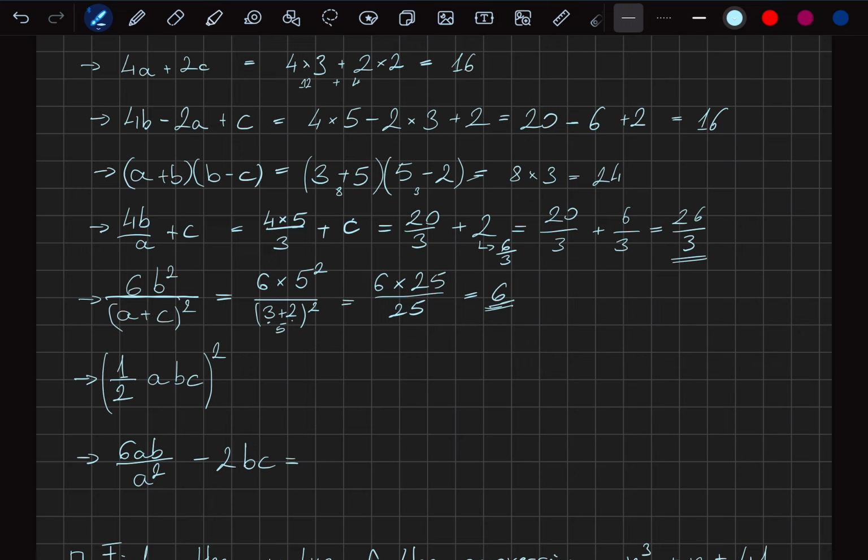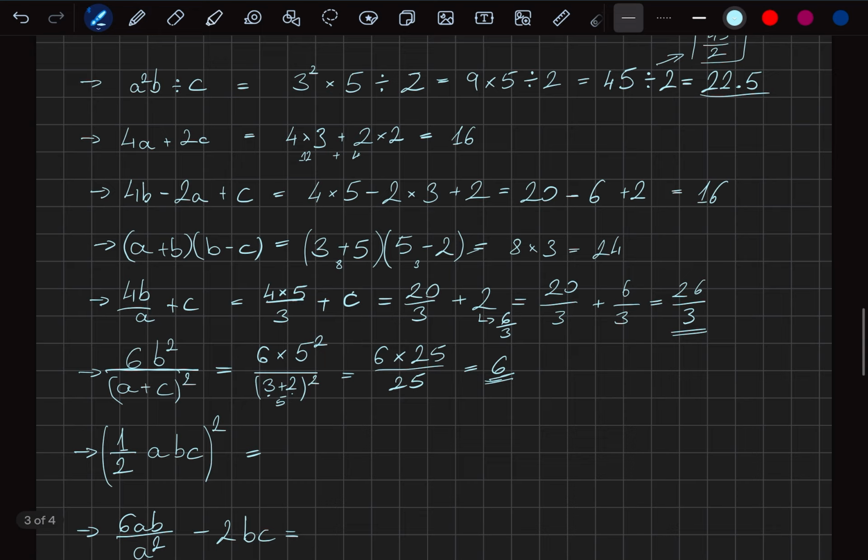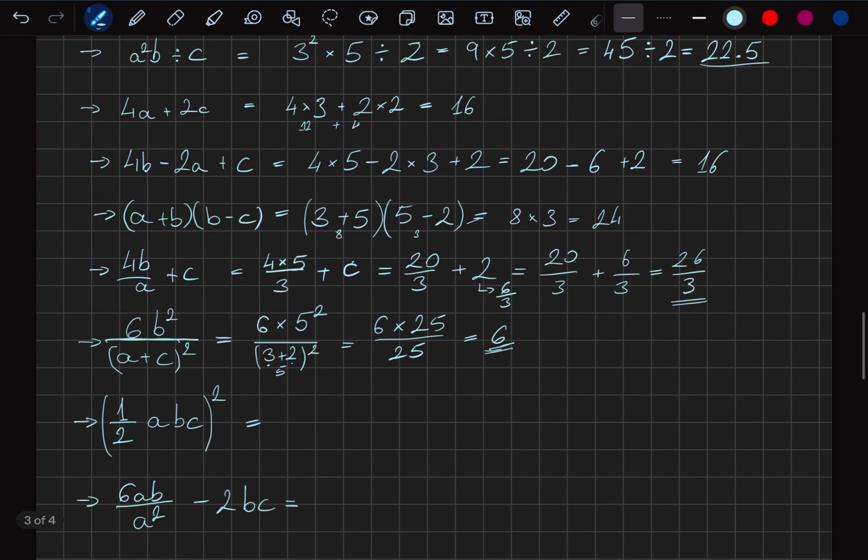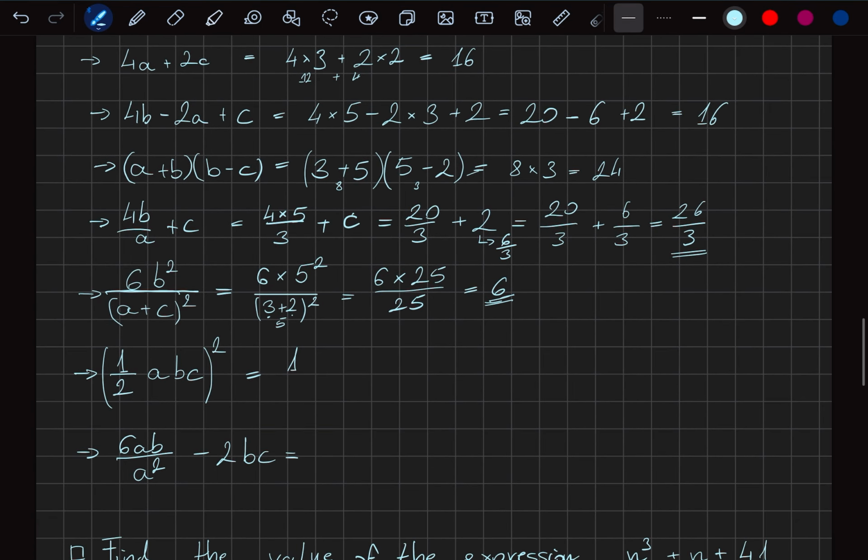Half times a times b times c on the second power. Okay. 3, 5, 2. Half times 3, 5, 2 on the second power. 2 times half, it's 1. 3 times 5, it's 15 on the second power.